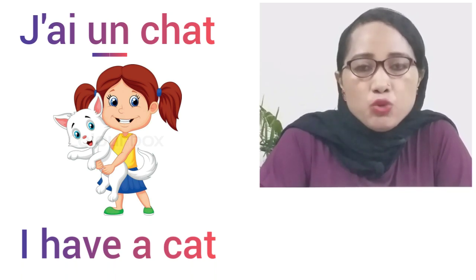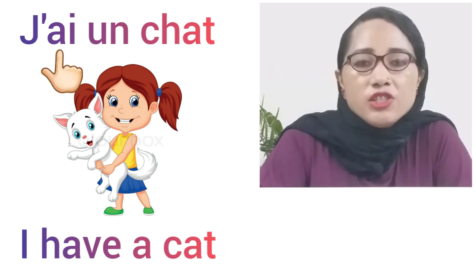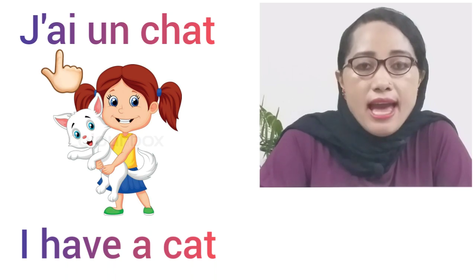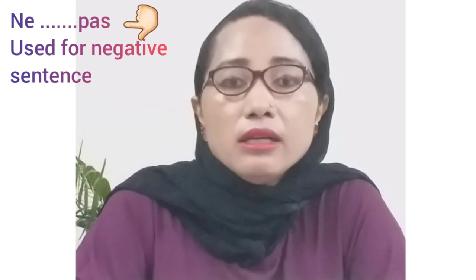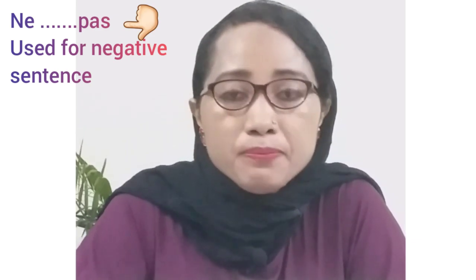When you change it into a negative sentence, what do you say? Here we have the verb to have. J'ai un chat. I have a cat, right? When you use the negative, you use ne pas. So now, how will you change this sentence into negative form?